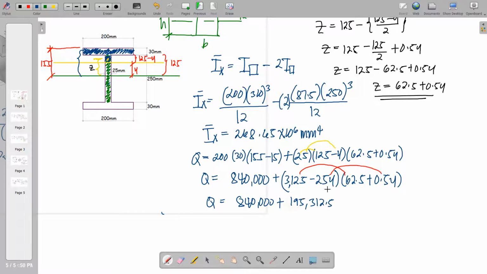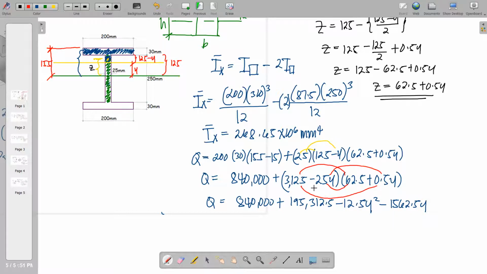Then we also multiply negative 25y by 0.5y, and that would be equal to negative 12.5 y squared. We multiply negative 25y times 62.5, so it would yield 1,562.5y.